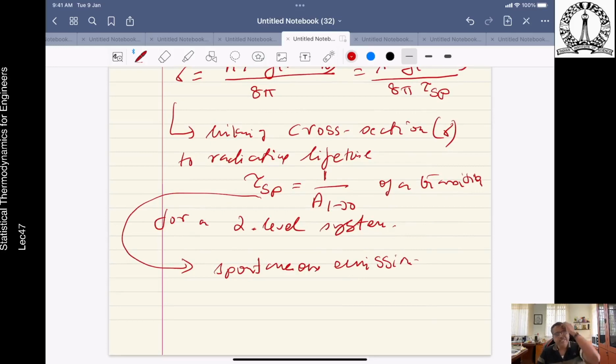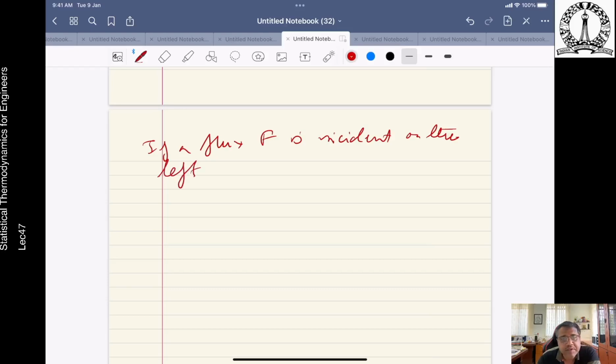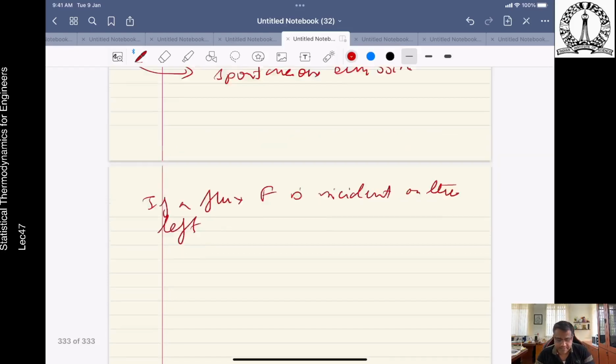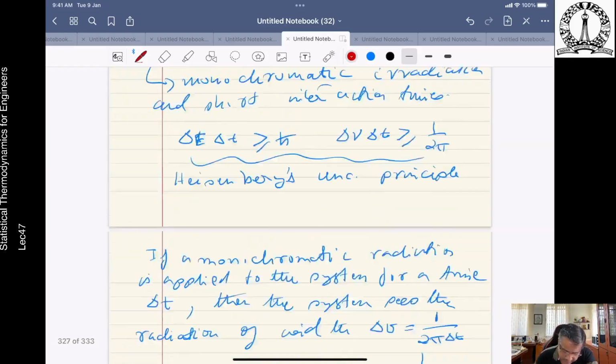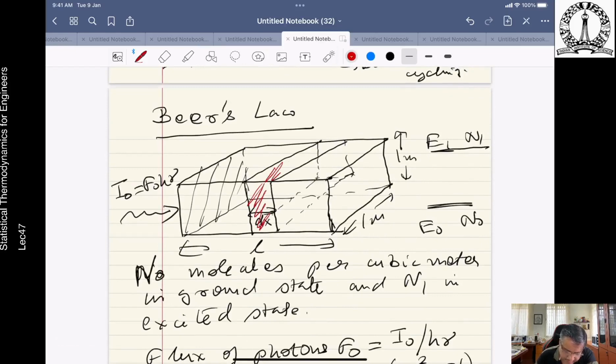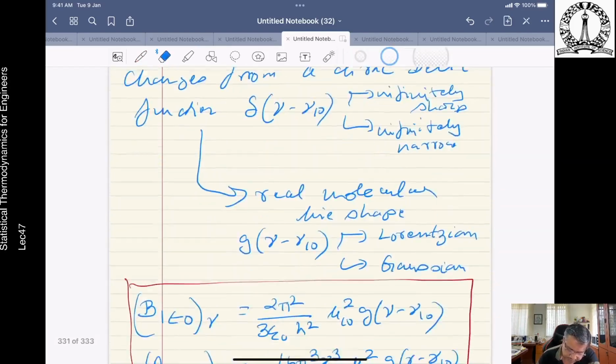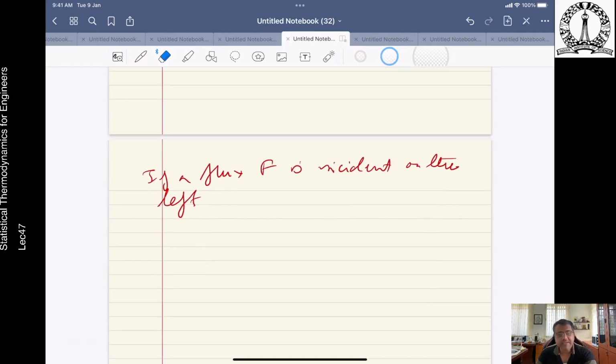So now let us look at if a flux F is incident on the left of the element of thickness dx. This was the thickness dx, if you recall. That is what we did earlier. The small element of thickness dx has a cross-sectional area of 1 meter square.